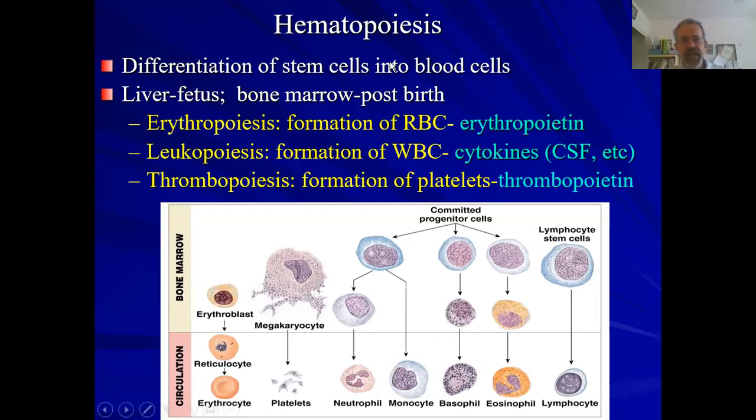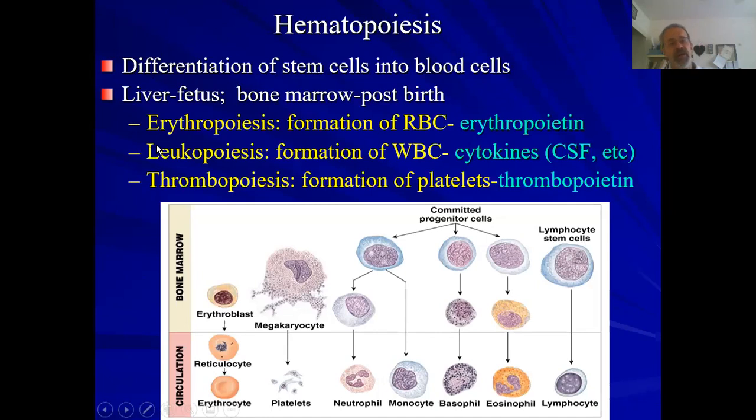If we divide hematopoiesis into three categories, erythropoiesis, which is the formation specifically of red blood cells, that's dependent on a hormone called erythropoietin, which is a hormone that's produced in the kidney, plays a very important role normally in red blood cell formation, but it's also used clinically for people who are suffering from certain types of anemia.